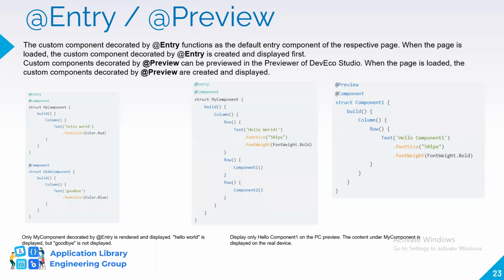And there is one more called @Preview. I think while showing you the sample, I showed you the previewer, right? In ETS, whichever component is marked with @Preview, only those can be seen in the previewer. So when the page is loaded, custom components decorated by @Preview are created and displayed.